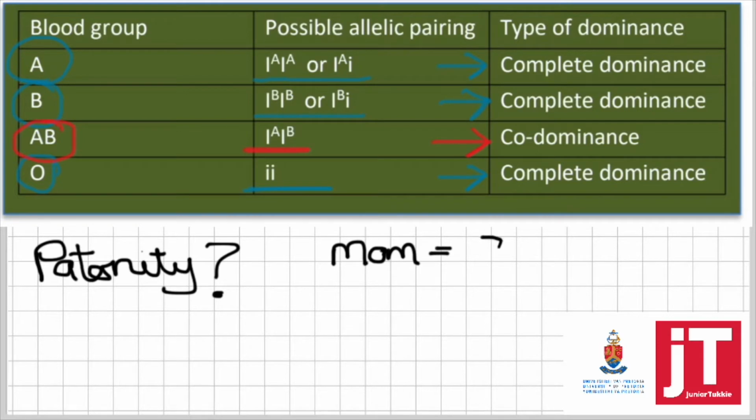So if we're having a look at a mom with blood group O and a dad with blood group B, what could be the possible phenotypic outcomes of the offspring? Blood group O is a combination of the two recessive alleles, and dad has blood group B with the possible combinations within his genotypes. We would see that for an offspring, there is absolutely no possibility of blood group A in this scenario.